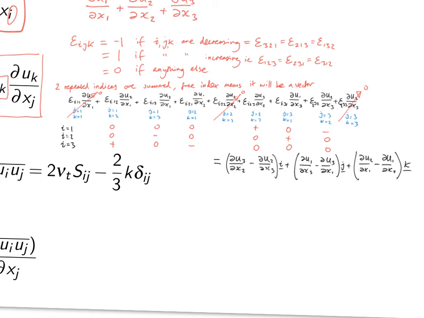In the direction j, you have du1 over dx3 minus du3 over dx1. In the direction k, you have du2 over dx1 minus du1 over dx2. And this is the final answer. You'll recognise it, I'm sure. Okay, now we can move on to the next one.